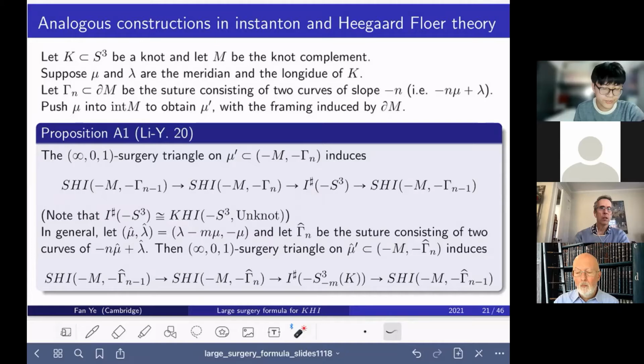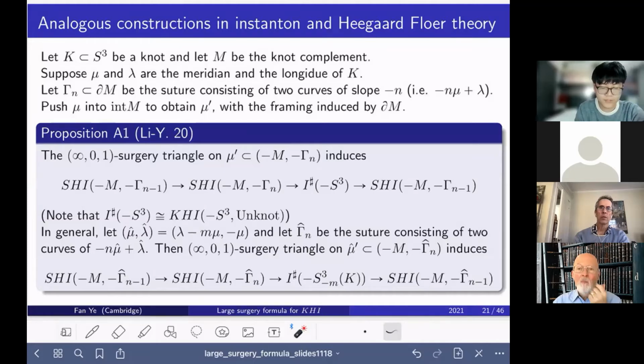And in general, we can change the basis on the boundary. So in particular, we take mu hat to be lambda minus m mu and lambda hat to be minus mu. And then we can define the suture gamma_n hat similarly. So this is the suture consisting of 2 curves of slope minus n, where minus n means the homology class is minus n mu hat plus lambda hat.